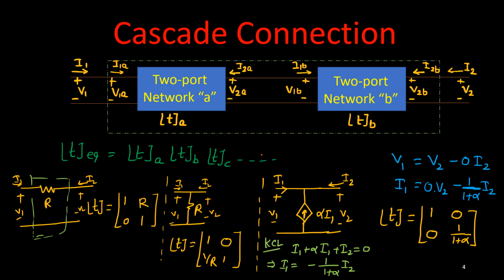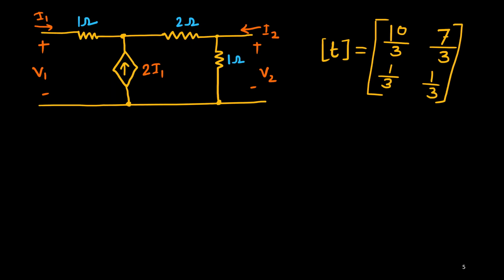Let us see. So the same network I want to solve using that concept. Okay, so what I can do, I can consider this total network as having some small networks. So this is one network containing one single element. Next one is this one.